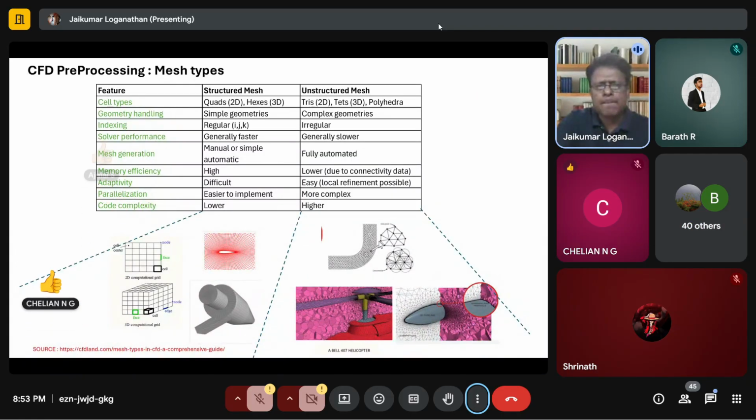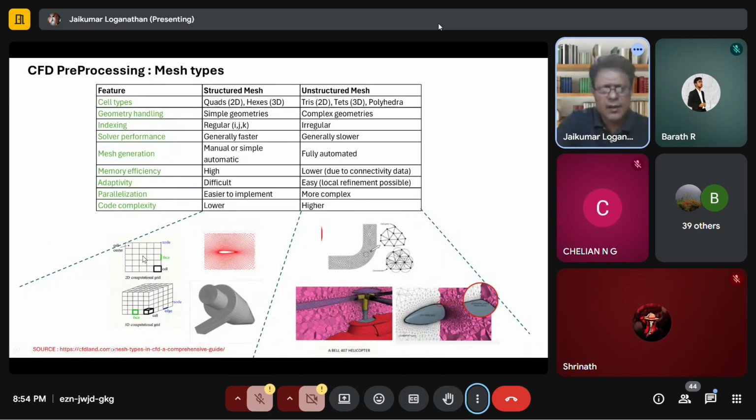So now another important category is the mesh element type, right? You can have a structured mesh or an unstructured mesh. So the structured mesh, usually the elements will be quads and hexes. And the most important thing is in a structured mesh, the neighbor of any cell is implicitly known, right? Let us say it's like a matrix.